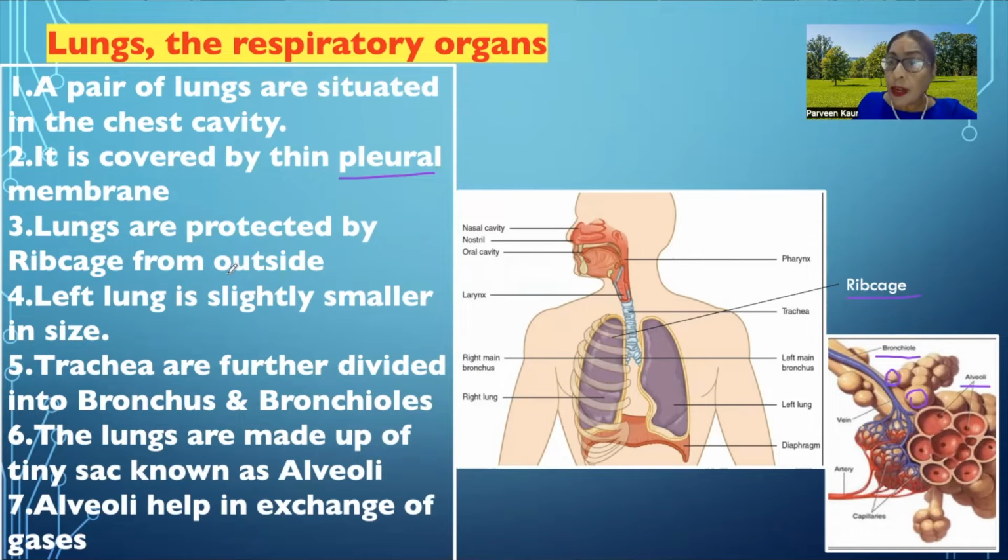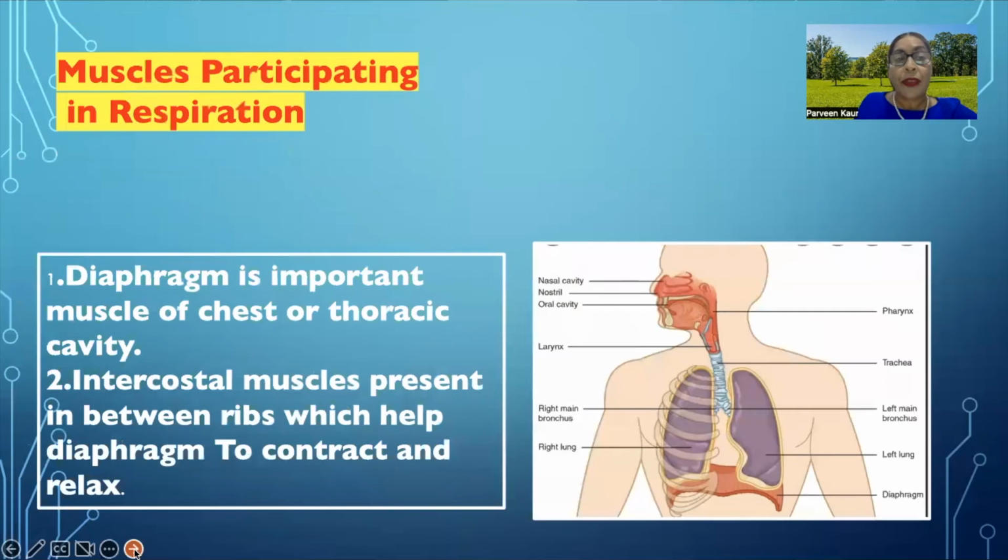The pleural membrane provides protection to the lungs, and both lungs are protected by the rib cage, a bony structure. Now here you can see this structure. The left lung is slightly curved, so the left lung is slightly smaller in size. Exchange of gases takes place in the alveoli.